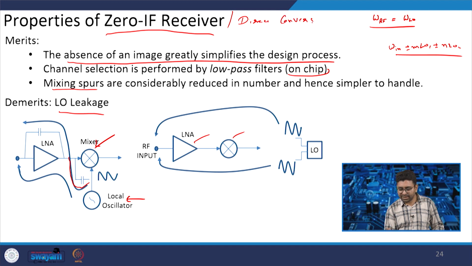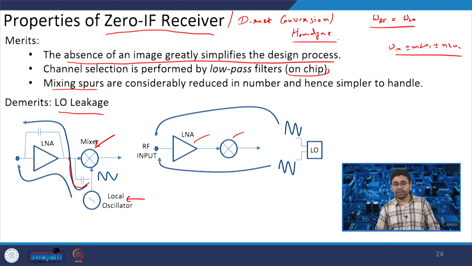So, it has three names. One is direct conversion, one is 0 IF, and it is also known as a homodyne receiver. Because we have seen heterodyne, this is called homodyne or direct conversion or a 0 IF receiver.